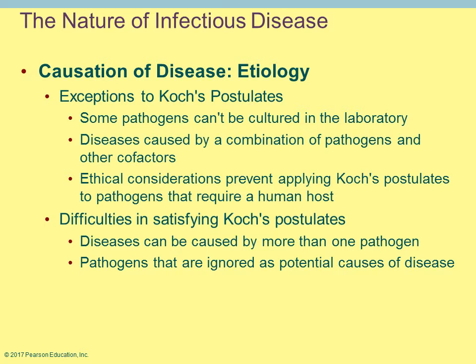You cannot, under any circumstance, inoculate humans in a trial study where humans are the only host and there is no cure for that disease. You can't do that, obviously. And so we do recognize that there are some exceptions to fulfilling all 4 steps of Koch's postulates.